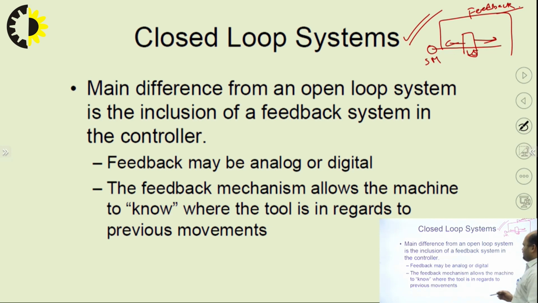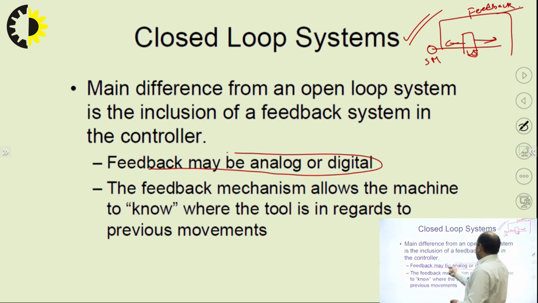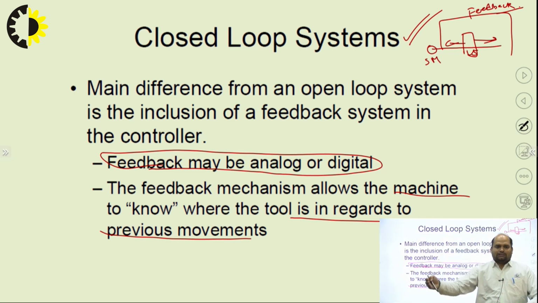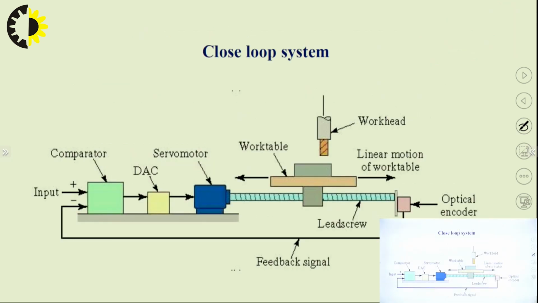Talking about the difference, it has feedback which may be analog or digital. The feedback mechanism allows the machine to know where the tool is in regard to its previous movements, and a proper feedback system is given to the machine with closed loop systems.